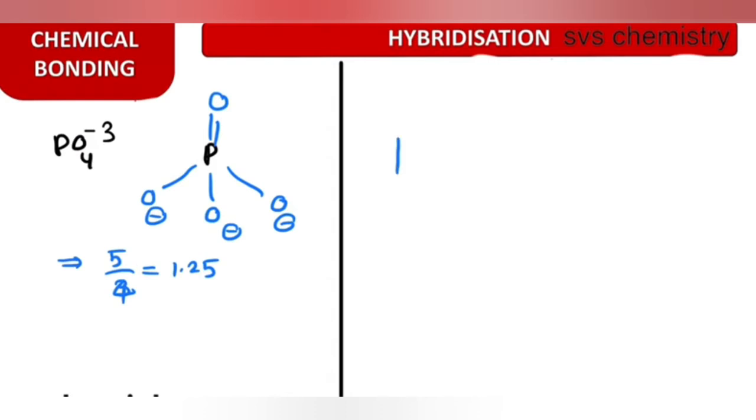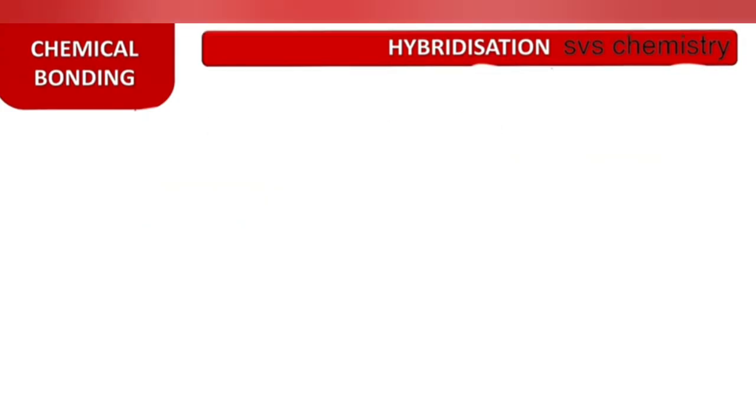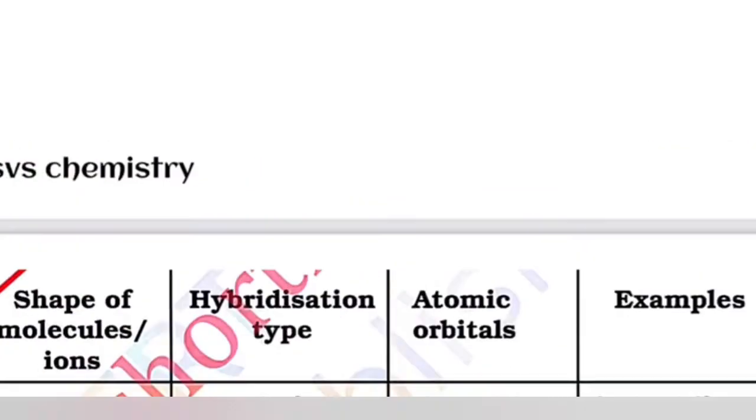Similarly, when you take benzene, delocalization of pi electrons will take place, which we call resonance. So we get two resonating structures. Everybody carefully concentrate.